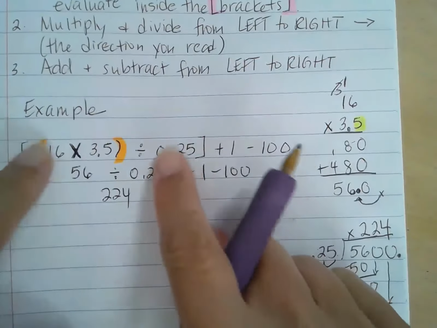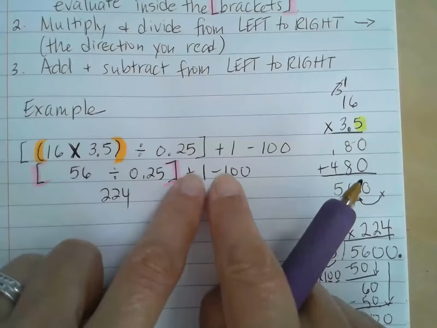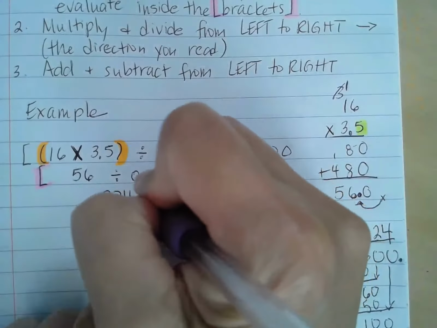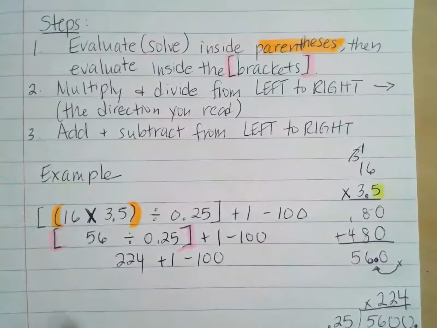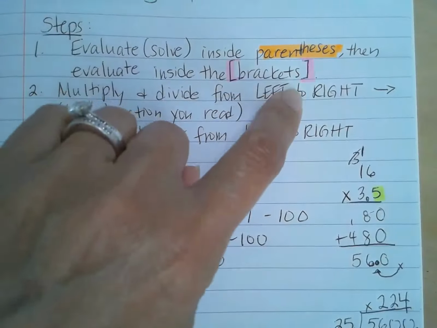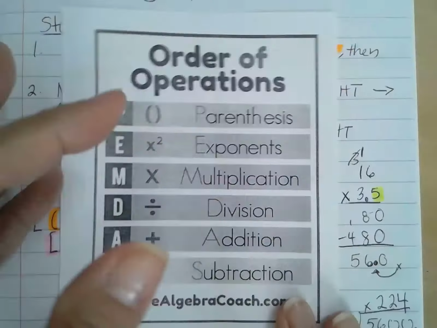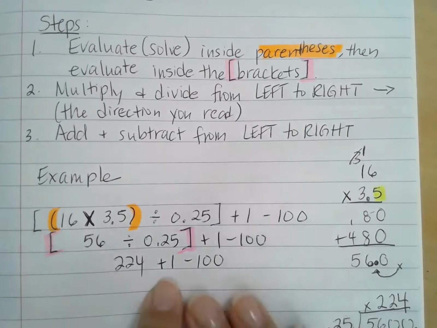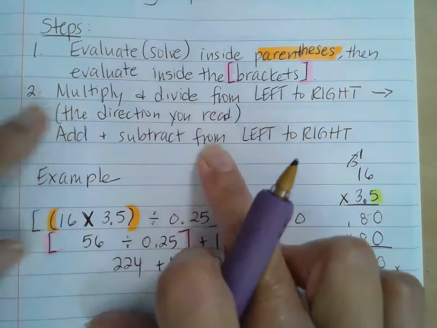Now that I've evaluated this, I don't need the brackets anymore because I've solved that. I'm going to bring this information down: plus 1 minus 100. My next step, I am multiplying and dividing from left to right. Please remember, you're still using the order of operations. This problem does not have multiplication and division, so I don't have to worry about that.